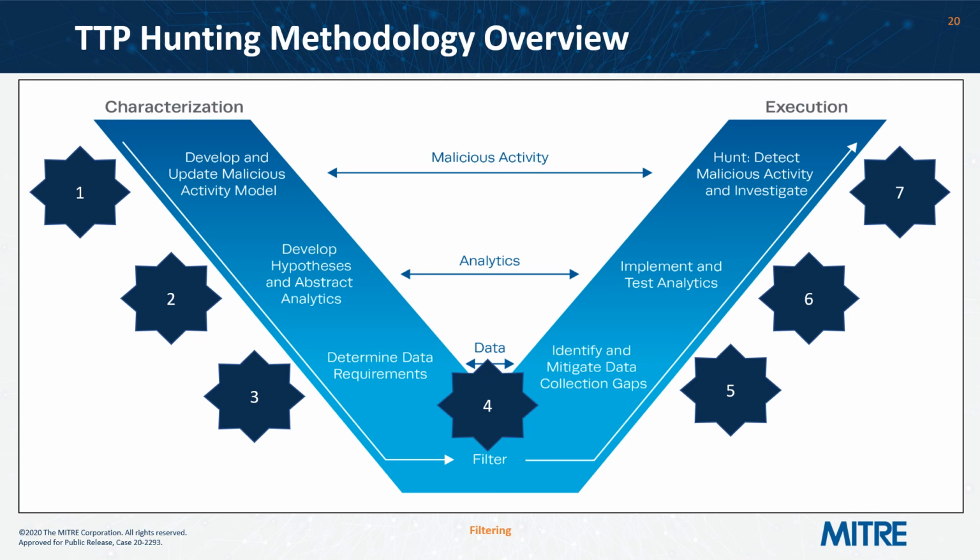Here's a review of the TTP hunting V. We've gone through steps 1, 2, 3, and 4. Steps 1 through 3 can be done by people around the world, and cybersecurity researchers are working on 1 through 3 all the time.